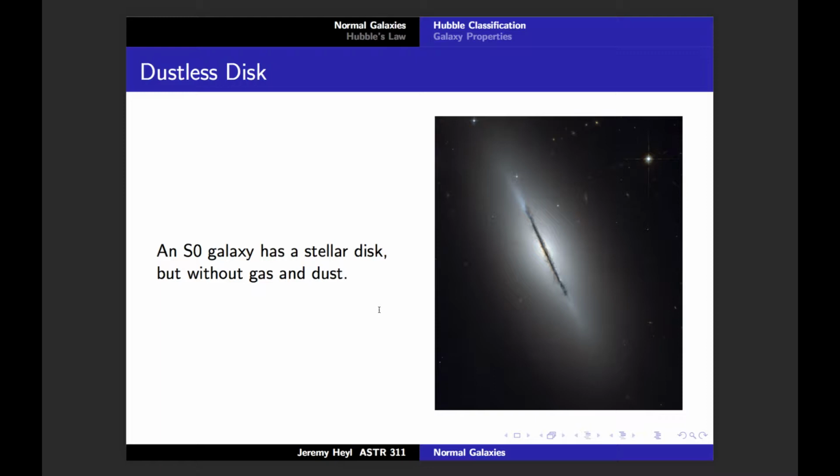If we look in our galaxy, the dust is blocking out a huge amount of light. This galaxy, we call it an S0. So it's a galaxy that has a disk and a bulge, but it doesn't have very much gas or dust. And that's important.